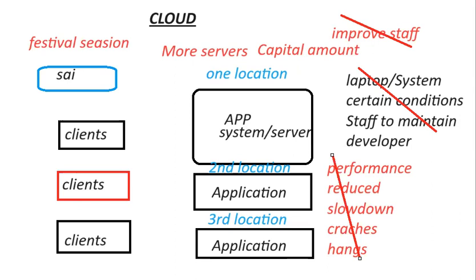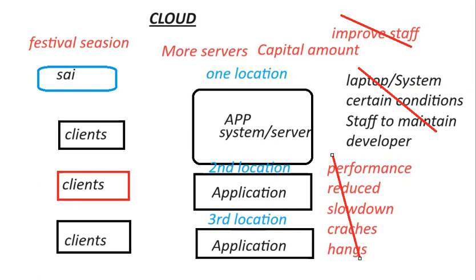Before cloud, Sai maintained these servers in a single room, or a lot of rooms, or systems within multiple buildings. That is what we call on-premises. On-premises is nothing but a data center maintained by the company owner.